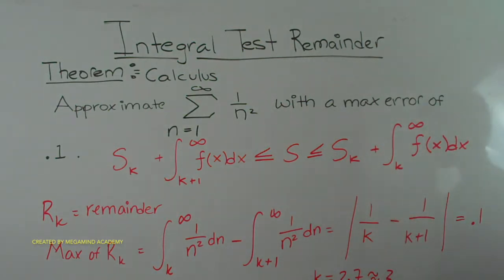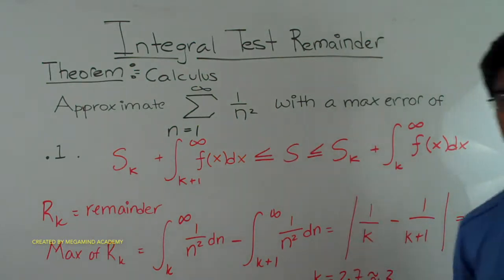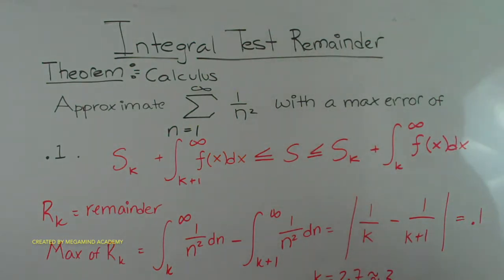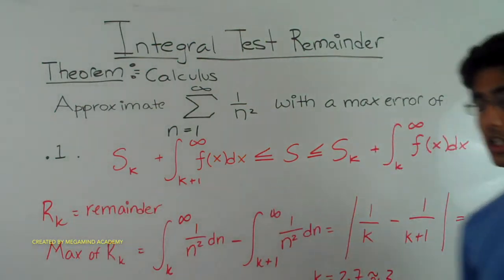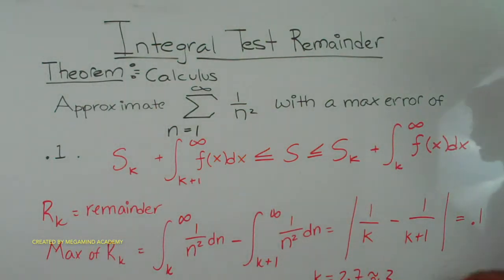So anything greater than 3 would just be even more accurate. But the problem asks for a maximum error of 0.1, so we're going to go as close to that error as possible. And let's say you wanted a maximum error of 0.0001, you would just set this equation equal to 0.0001 and find the intersection, or solve it.